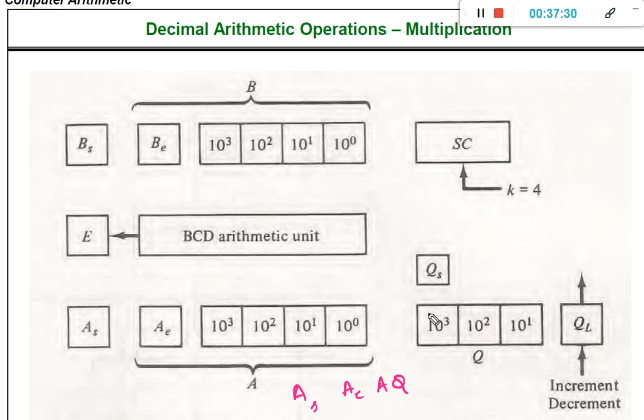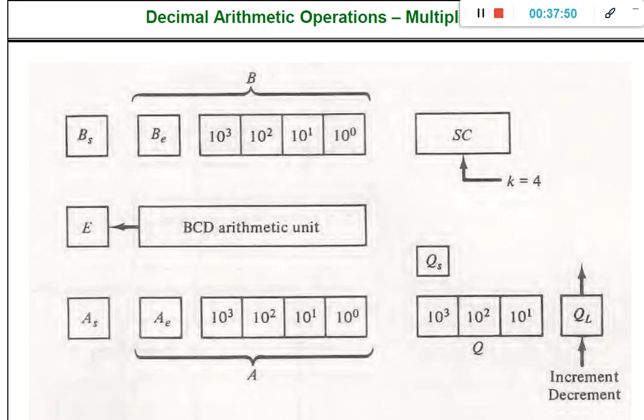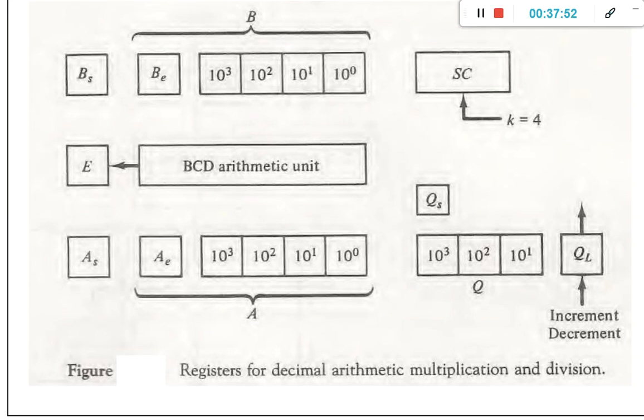And in case of division, the final output, the quotient value, will be in Q. Even though the representation is different, the operations are the same as far as decimal arithmetic multiplication and division are concerned.